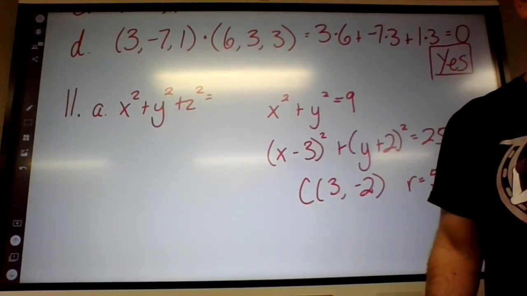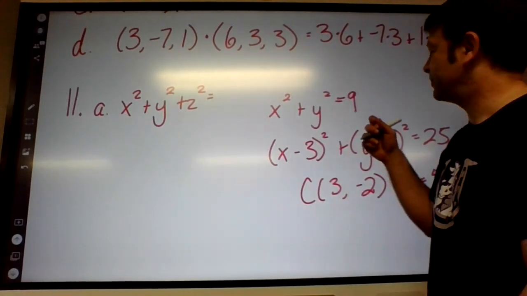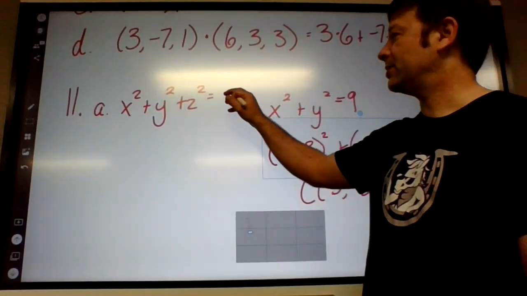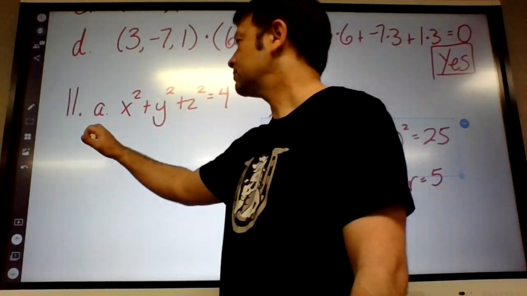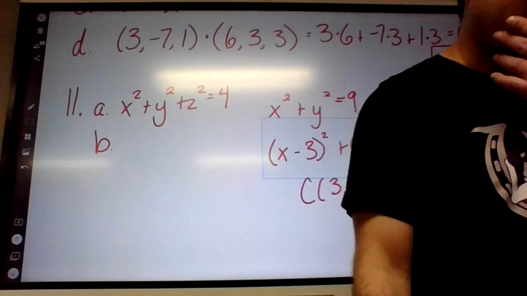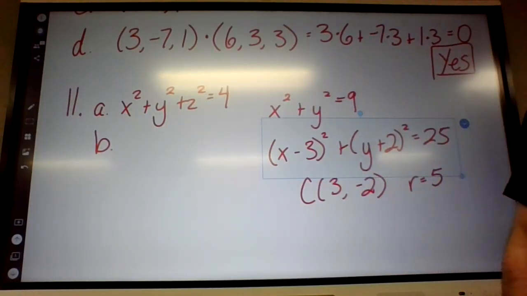And the radius is 2. So if the radius is 2, then this number out here needs to be 2 squared. So it's 4. Like that's the answer for A.